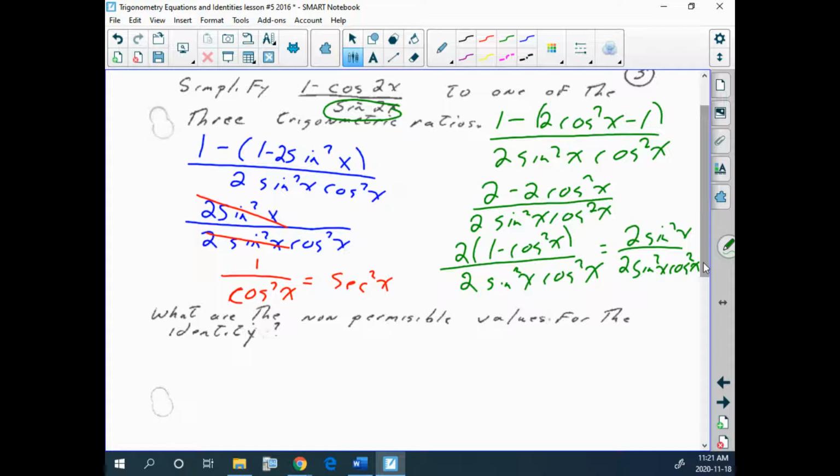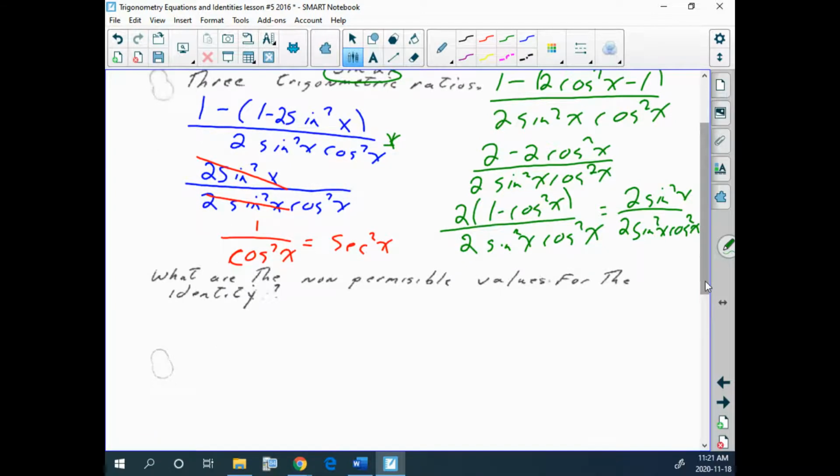But what I can see in this step of the identity, I can't have sine squared x being equal to 0, and I can't have cos squared x being equal to 0, because they're on the bottom of the fraction. It's harder to do with sine 2x can't equal to 0.